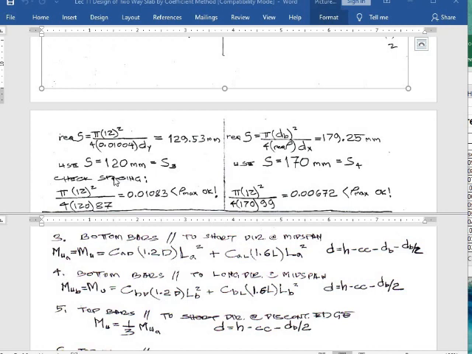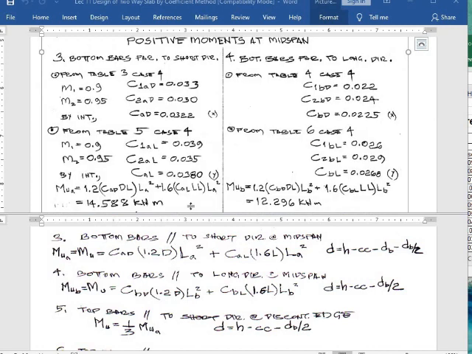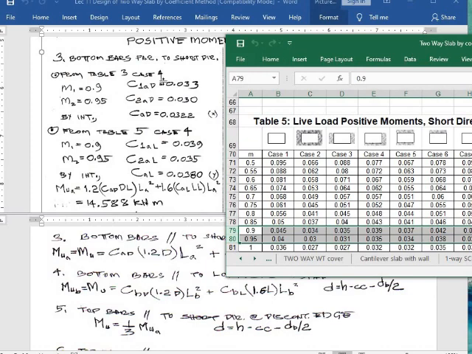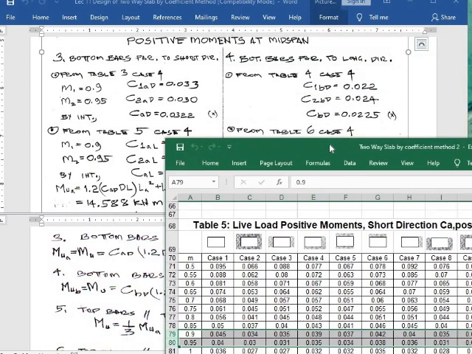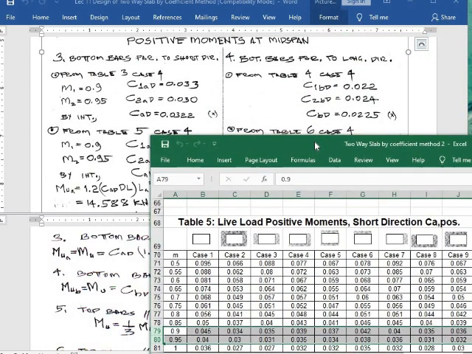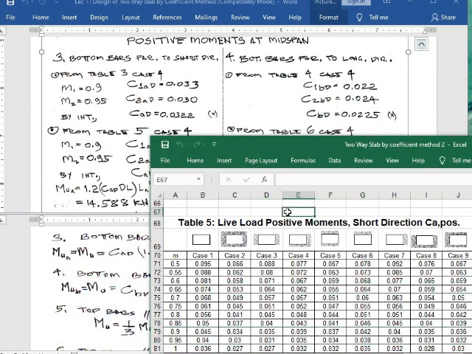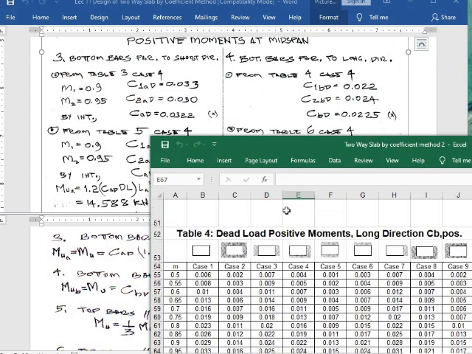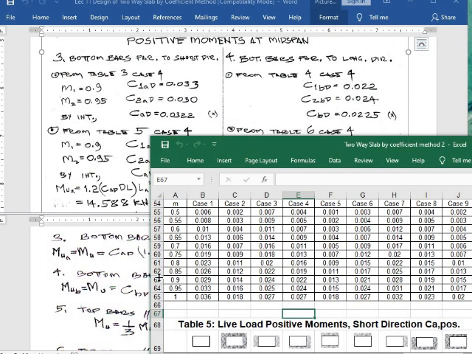Now let's go to bar number 4. For bar number 4, same pattern with bar number 3, but this time you will be using table 4. Ito siya. So 0.9 and 0.95. Case 1, 2, 3, 4, you have 0.022 and 0.024. Ayan siya.